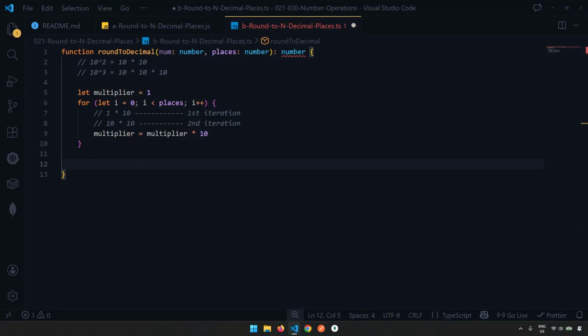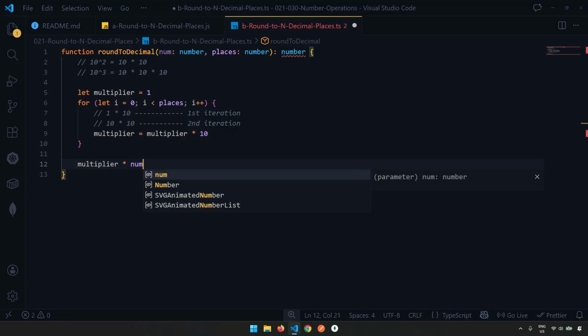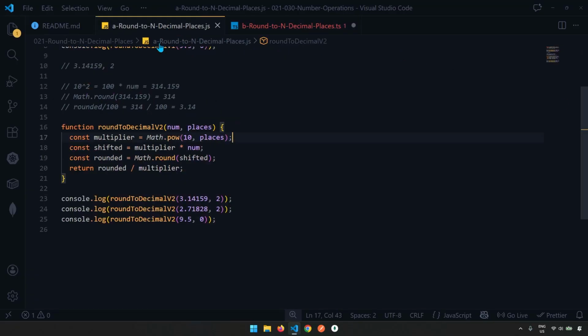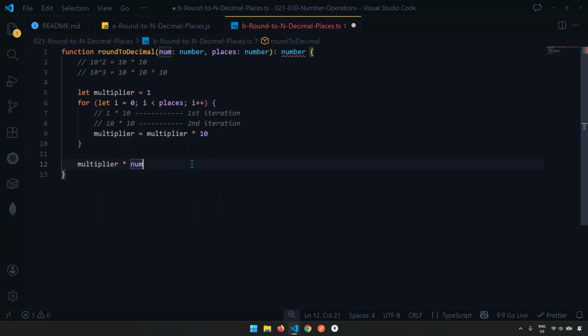Now that I've found out what my multiplier is, what do I do? I select this multiplier, 100, and I multiply it by my number. How did I go about this? I said, multiplier times number. Then I get something that I called shifted.